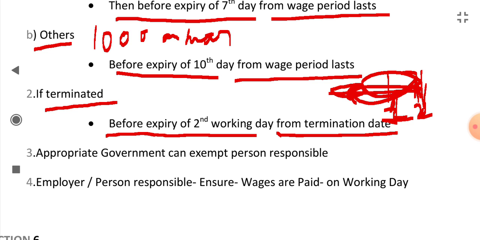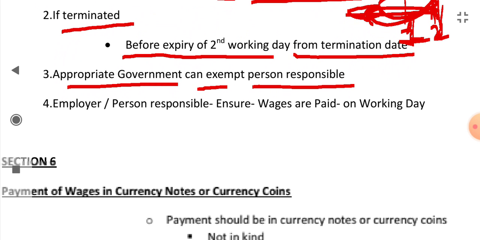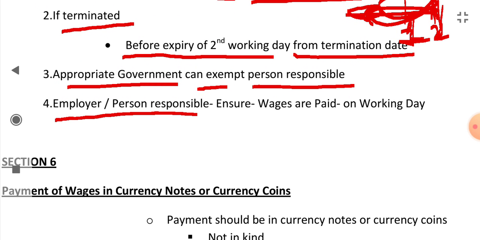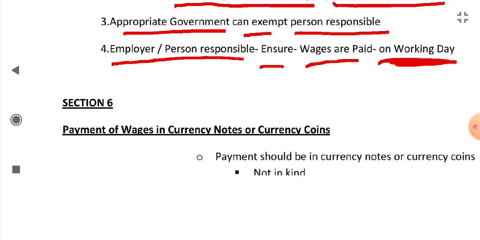The second day should be a working day; holidays are not included. The appropriate government can exempt the person responsible in certain situations. The employer or person responsible must ensure that the wages are paid on working days.